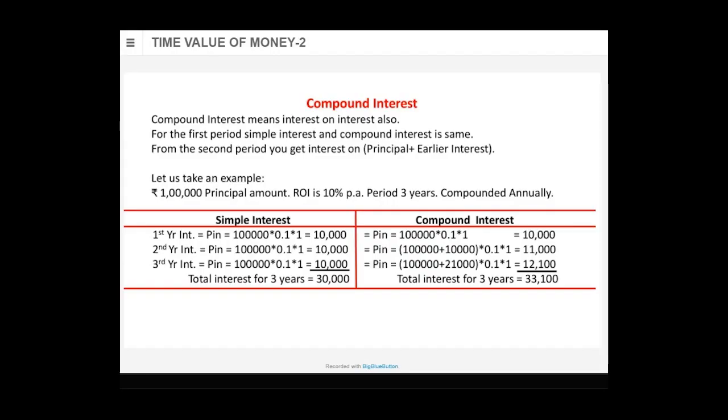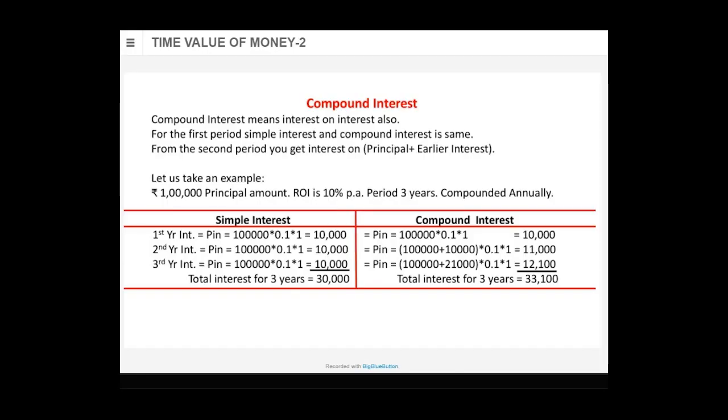Basically, it should be PIT, formula or everywhere. Anyway, T and N: T is time, N is number of years.